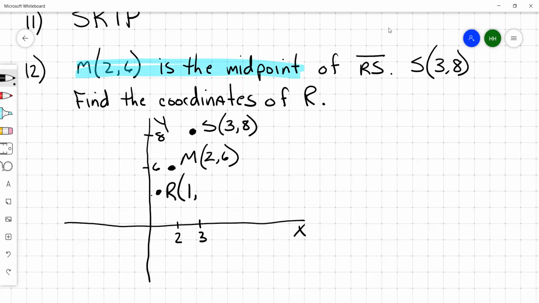That's just kind of the common sense way of solving this problem. If your Y value at one end is 8 and it's 6 in the middle, how far apart are those two? 2. Aren't they going down by 2? If they're going down by 2 and we go down 2 more, where's this one going to be? 4. The coordinates of R then are going to be 1, 4.